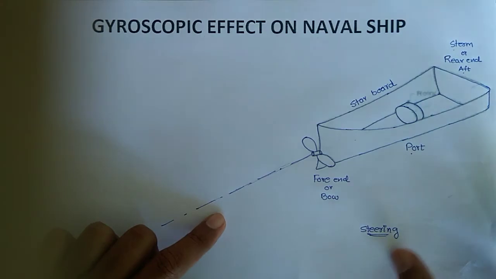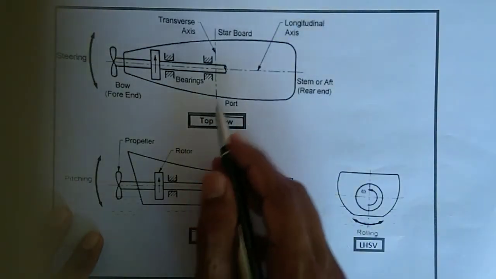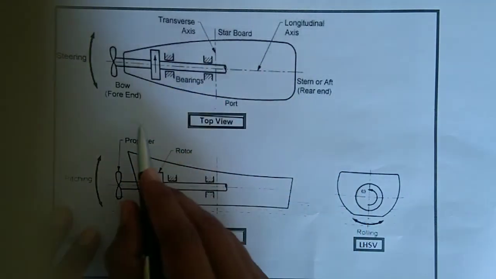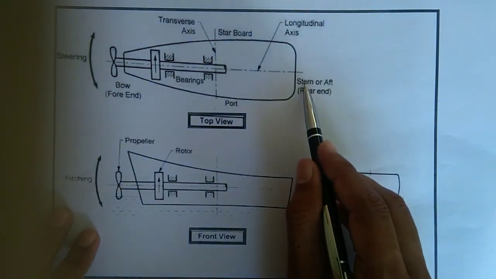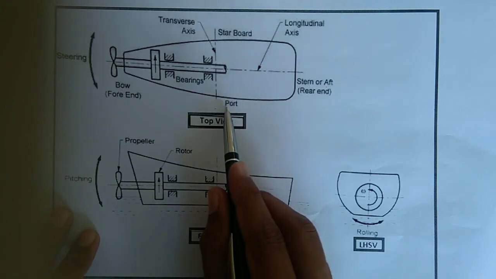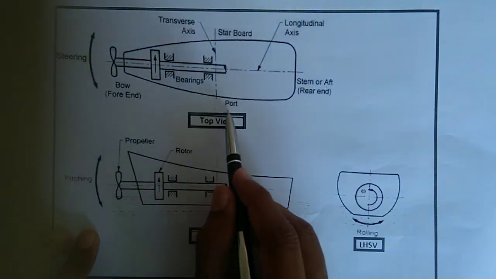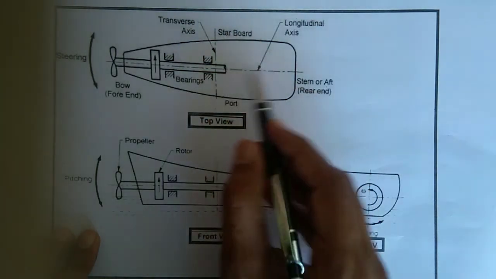Now let us see some basic terminology. Let us consider the top view of the ship. We know that this is the fore end or bow, and this is the rear end, or stern, or aft. This is the right hand side view, and from this end it is port, and this one is starboard.